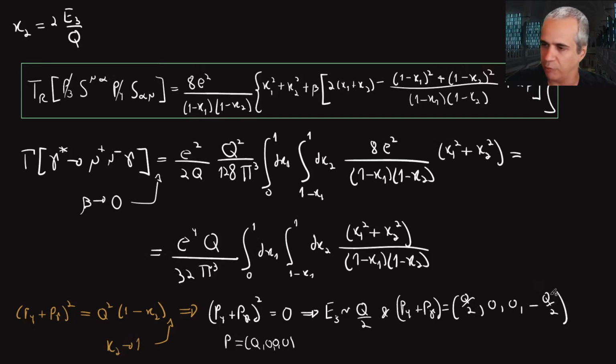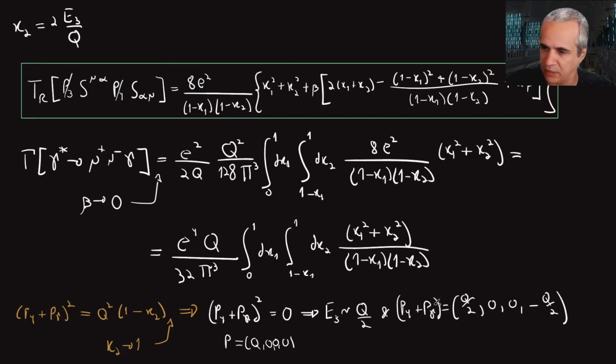So the momenta should be minus Q over 2. So what's happening here is that the muon is taking a lot of energy, the maximum fraction of energy it can take, which is half of it, and the anti-muon and the photon are recoiling against this muon, right?